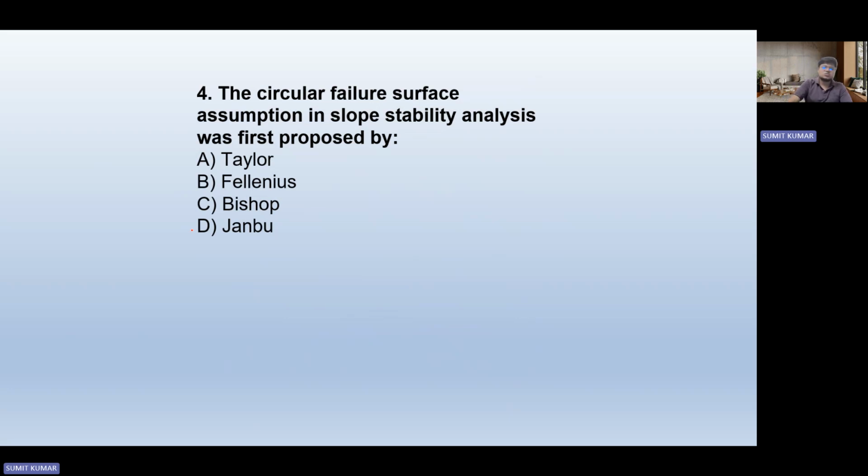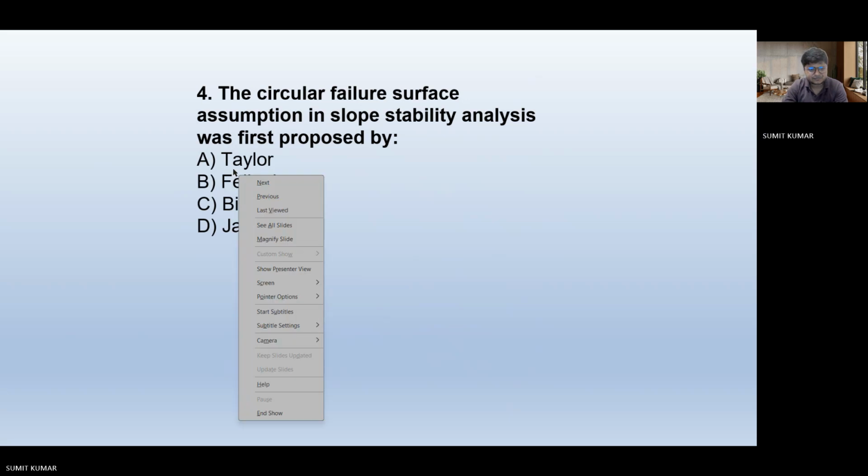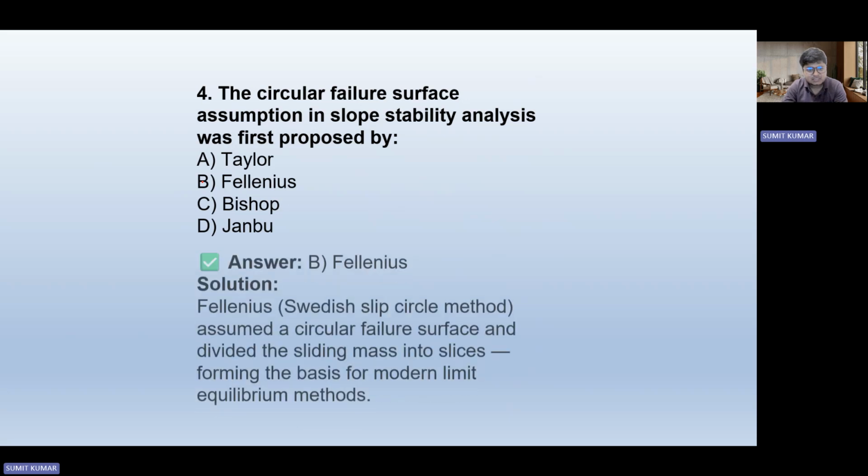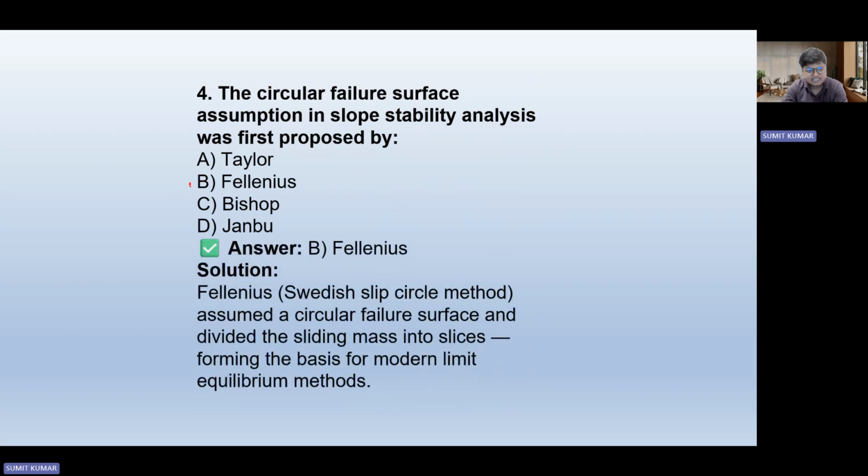Now, the next question says the circular failure surface assumption in slope stability analysis was first proposed by, whether it is Taylor, Fellenius, Bishop or Janbu. So as I could say from the options, Fellenius is the correct answer.